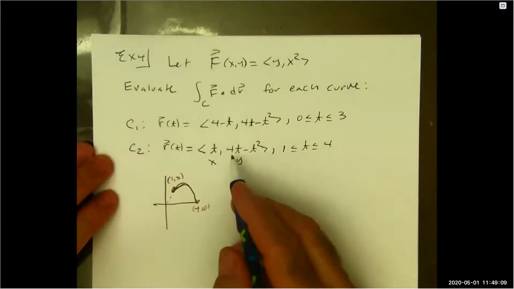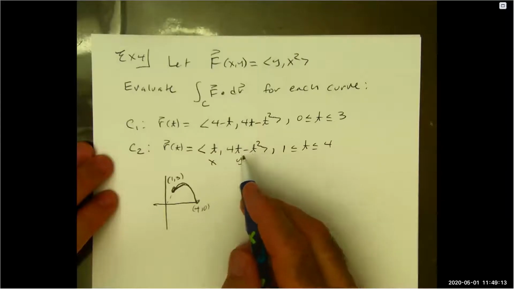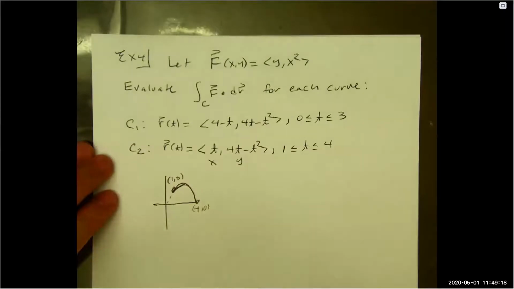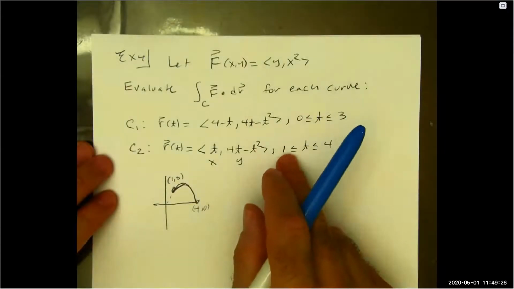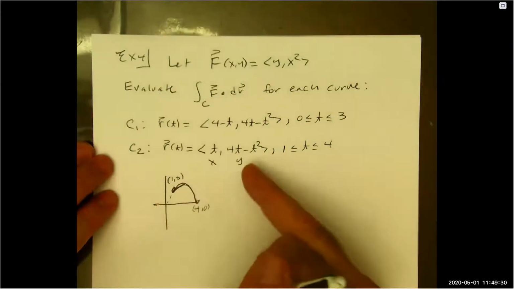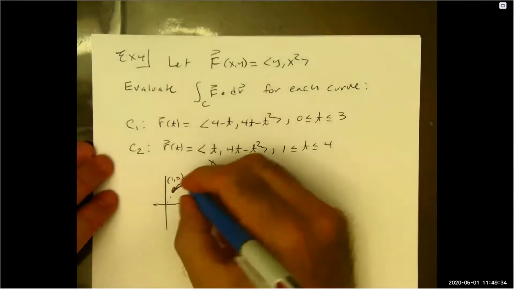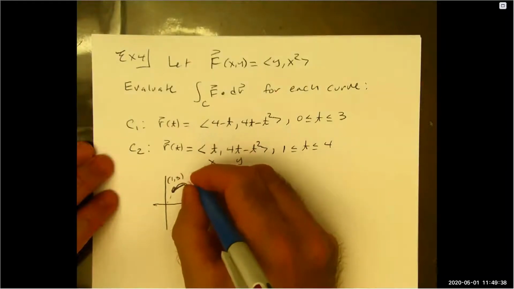And so if you look at this curve, the C2, when t is 1, you're at 1, 3. And then when t is 4, you're at 4, 0. So when we go in like this, that is C2.